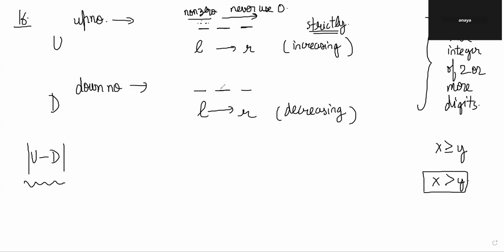On the other hand, with a down number, you can have zero somewhere, because the numbers have to decrease and zero can be used then. So the number of down numbers will clearly be more than the number of up numbers.